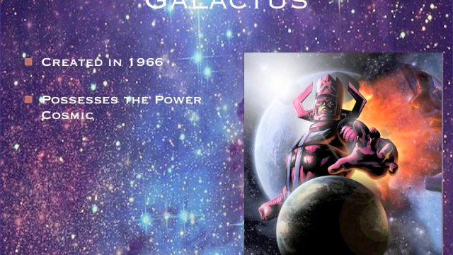The Power Cosmic basically is the most overpowered power in any comic universe, because it can do so much. It's especially the trump card for any comic discussion whatsoever, because it's so massively overpowered. It's been said that it can depower someone, it can empower someone.